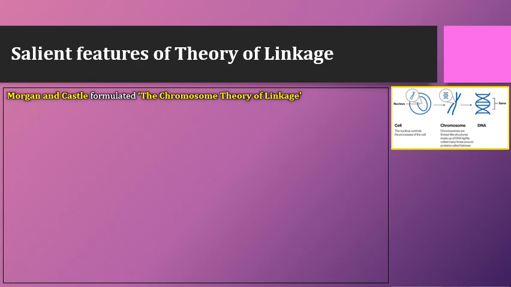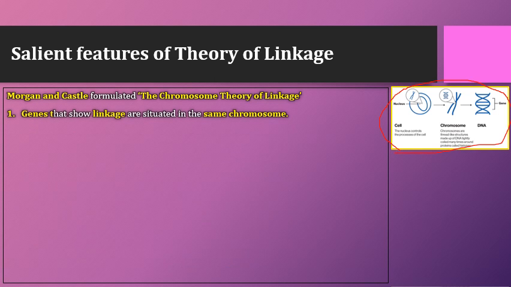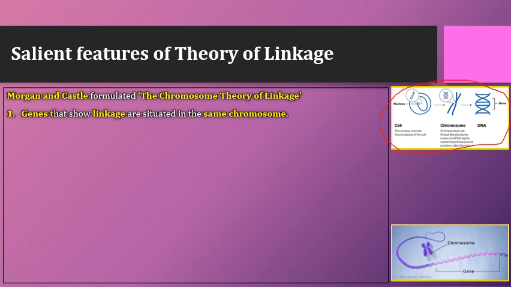To understand this theory of linkage, we must know the concept or definition of a gene, which we studied in the first unit, Mendelian genetics, and which I have shown in this picture. The genes that show linkage are situated in the same chromosome.